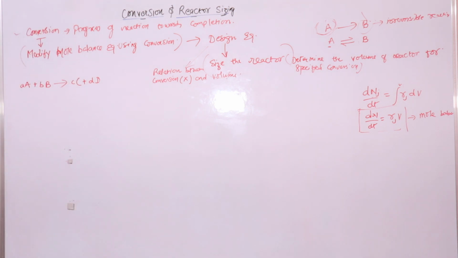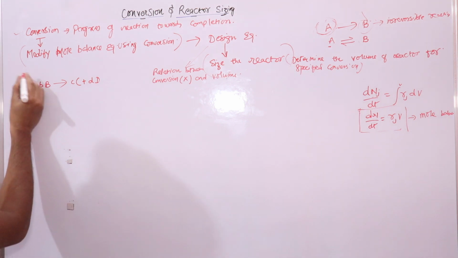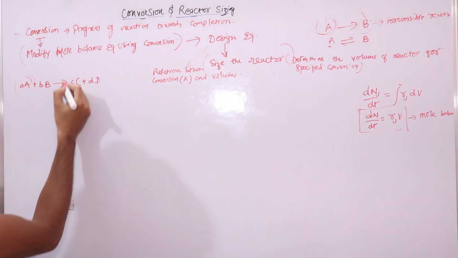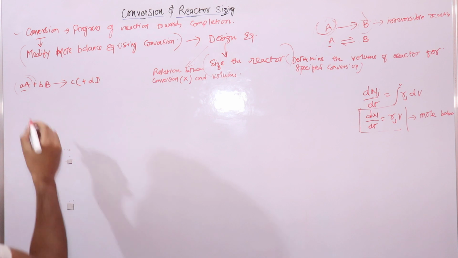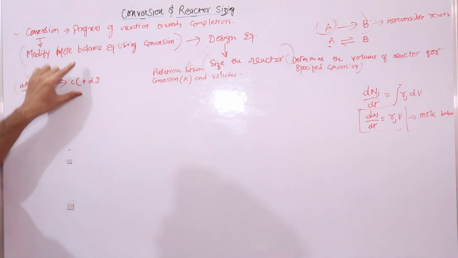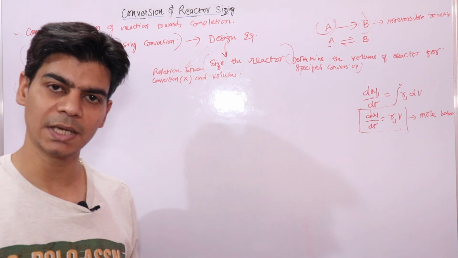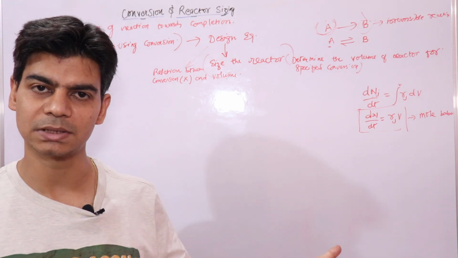Say we will select the reactant A as the basis of our calculation, and then relate other species involved in the reaction to A. We'll take A as the basis, then we'll relate other species with A. That is, how many moles of C will get formed when 1 mole of A will react. This is what it means when we say that we will relate it to the other species, right?